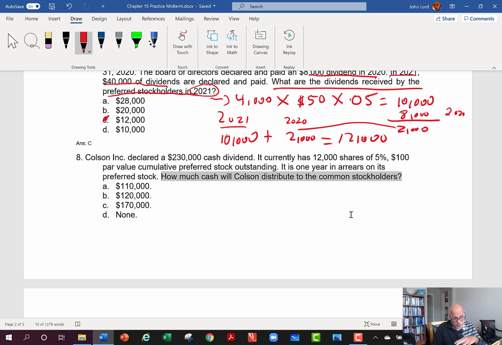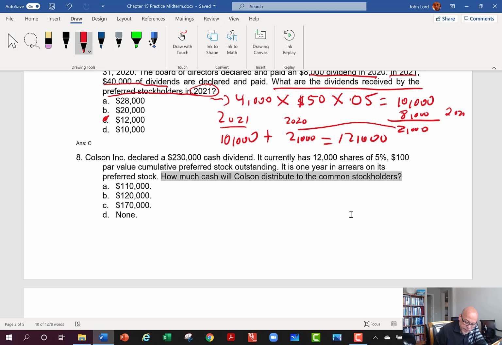Once I catch up my preferred shareholders, any amounts left would go to the common shareholders. That's not contemplating participating preferred, in which case I would first catch up my common shareholders, and then distribute any remaining amounts based on the relative amounts in the stockholders' equity accounts, preferred and common.